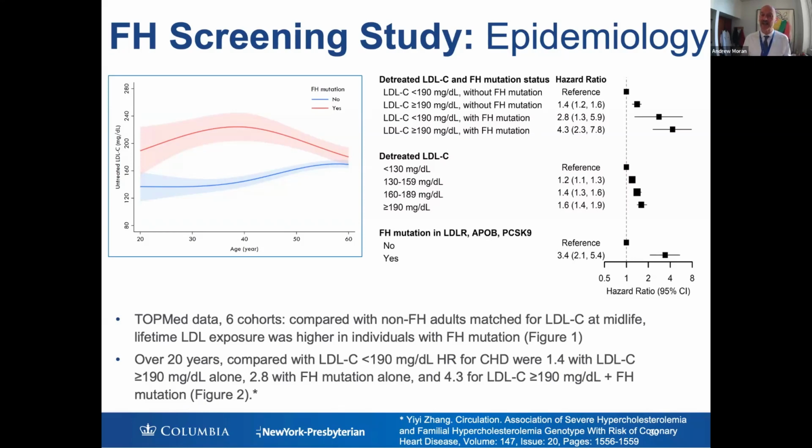You can see the red line and the blue line converge around age 60. But when we look back at their prior exposure history, those who had an FH mutation, the ones in red, had high LDL cholesterol exposure for several decades of life, versus the people without the genetic disorder, who rose over time to reach their age 60 level.